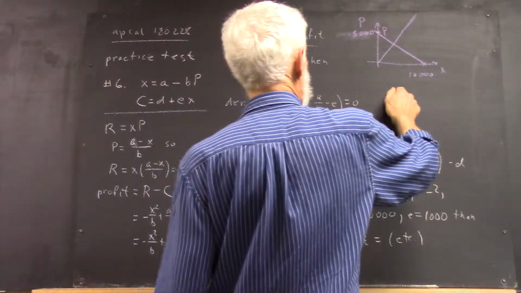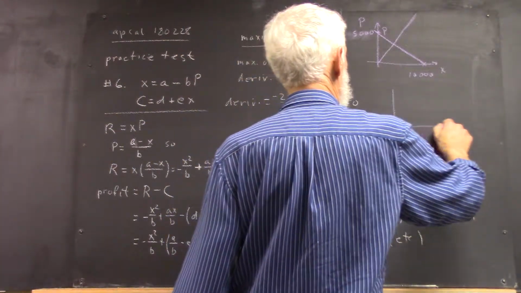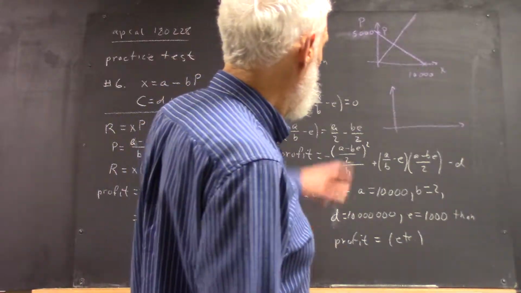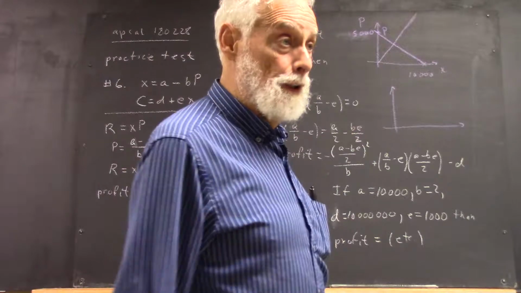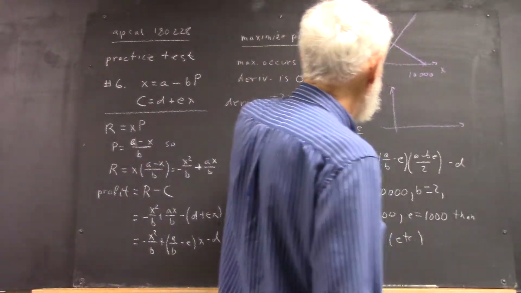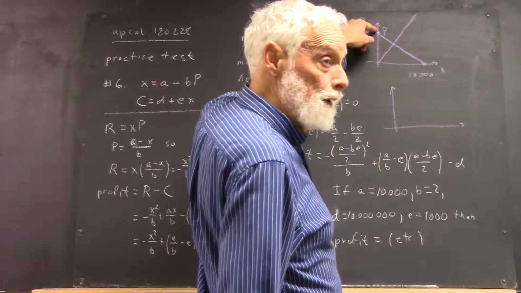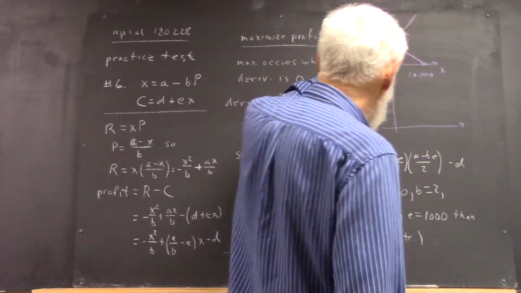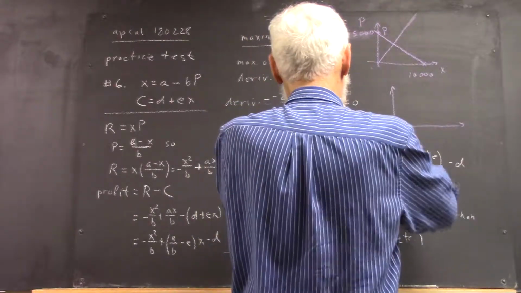Now another thing that's really useful to be able to do, whether you develop this before the test or not, is to understand how to multiply two linear graphs. If x is 0, then you have x times p, which is 0 times 5,000, that's 0. So when this function is 0, the product is 0.